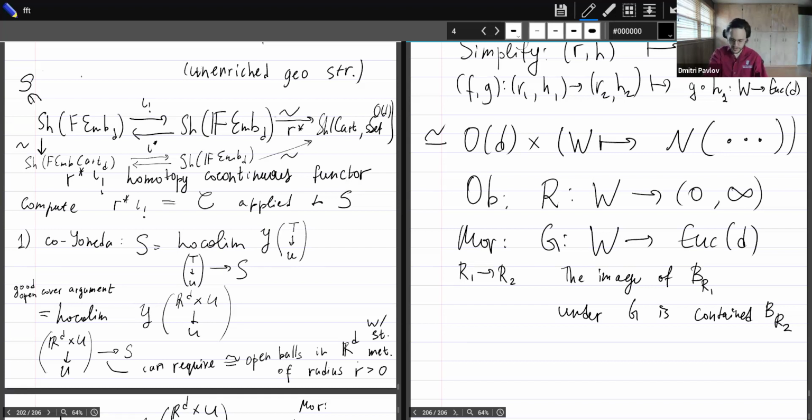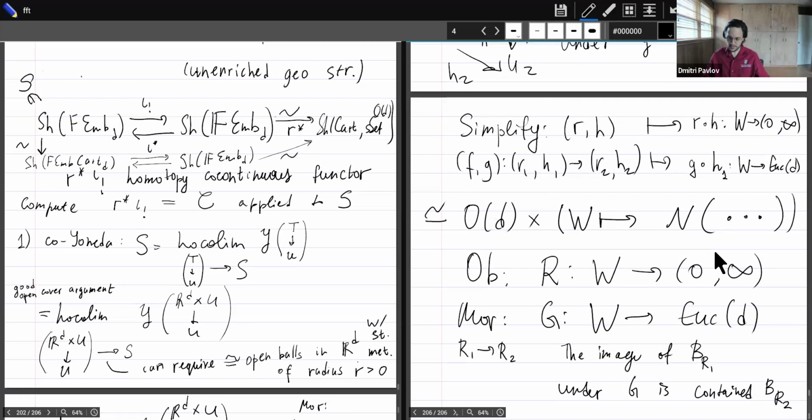Okay, so this takes care of the second stage of the computation, and now we are really close to the final answer. Let me now ask if there are any questions about this stage.